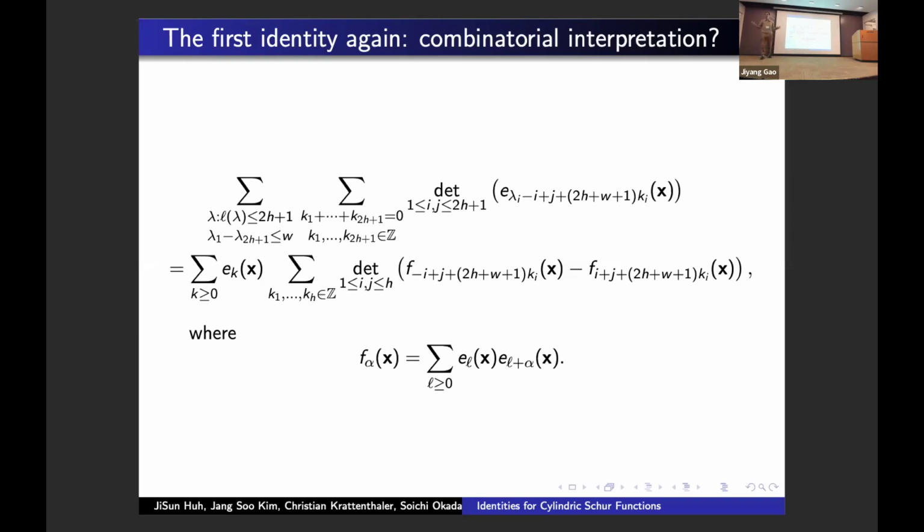But of course, there's still no bijection, and we didn't find a bijection. There were other authors who found a bijection for the result of Mortimer-Fellberg, but we were not able to. But instead, we found something that is much more general, namely this identity and the companion identity. But the question is, does this have a combinatorial interpretation?